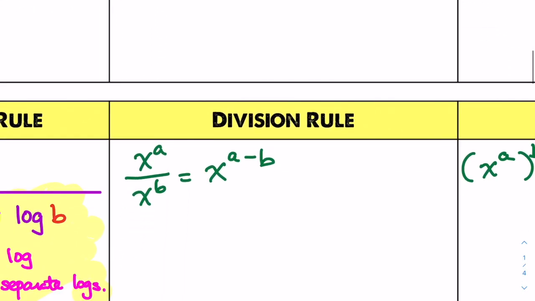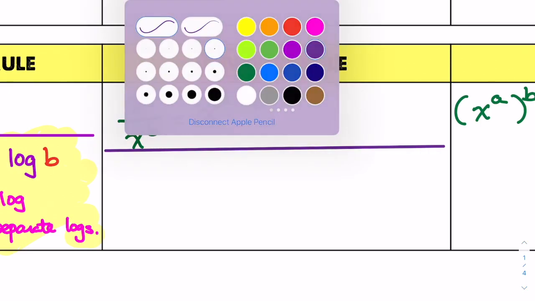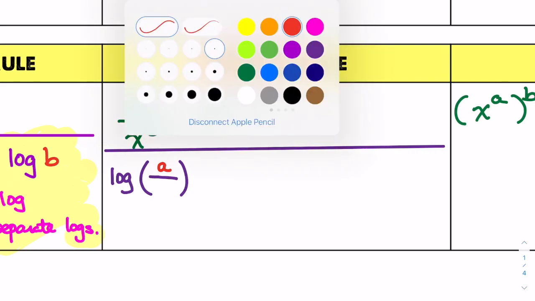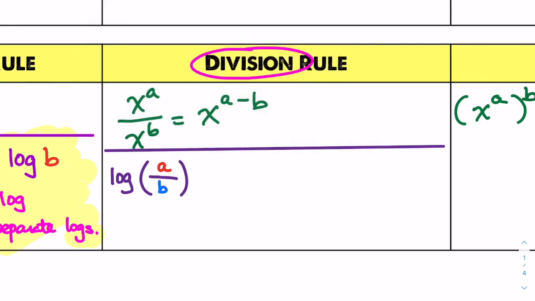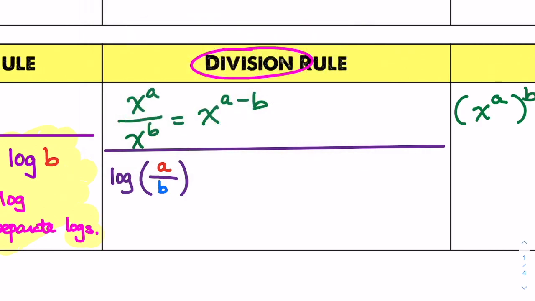So that brings us to our division rule, which is very similar to this exponent division rule. It looks very similar. So pretty much what the division rule says is if there is division in a log, so let's say you had log of something over something else. Well, the exponent rule said if you had division, that turned into subtraction. Same thing here.